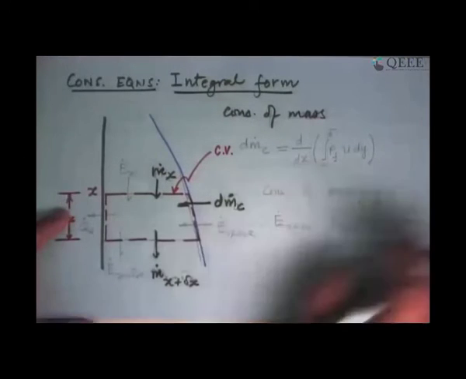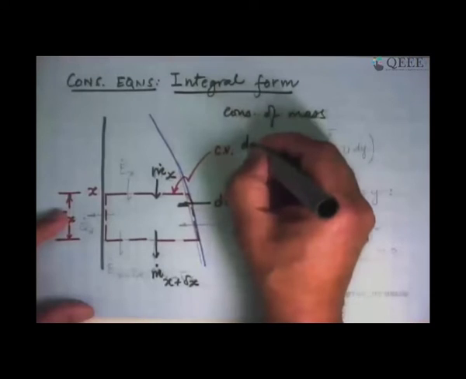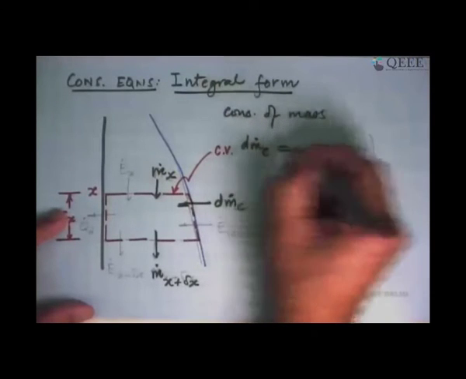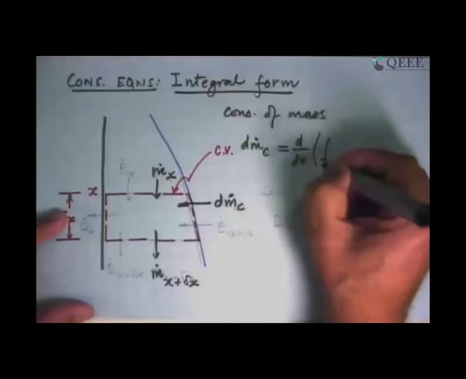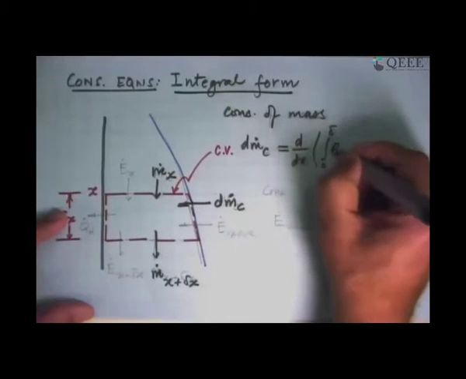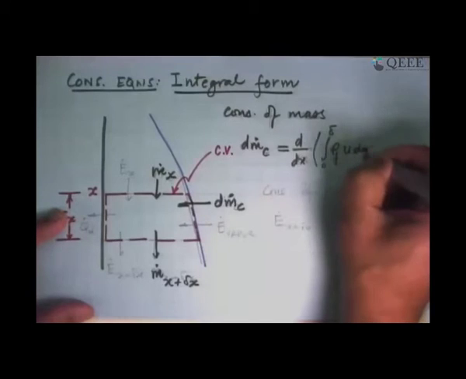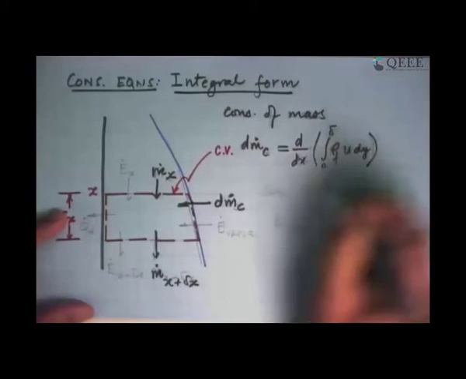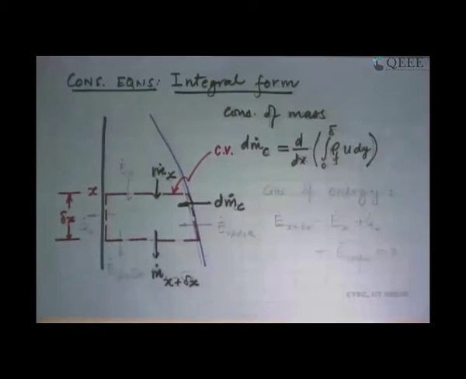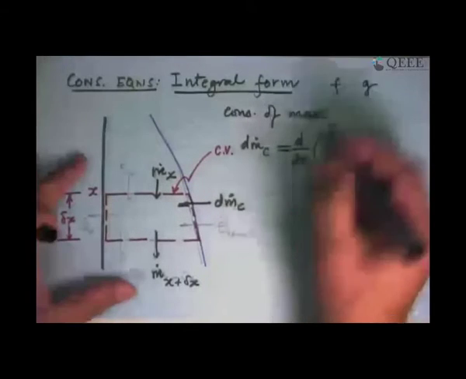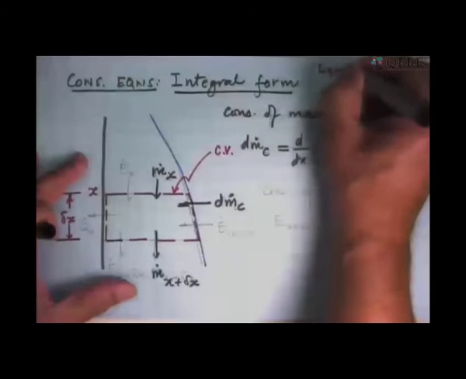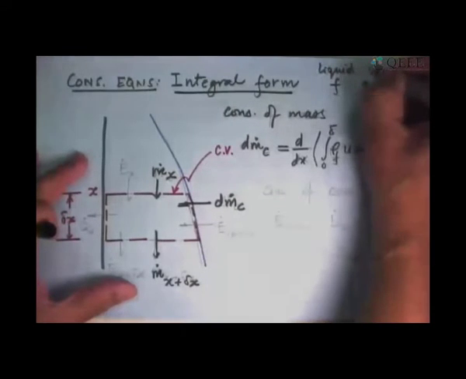We can write that, solve it and simplify it, and you get the equation dm dot c is equal to the gradient of the integral from 0 to delta of rho f u dy, and that's what we have. Rho f, I'm using subscripts f and g to be consistent with thermodynamics, where f is the liquid and g is the vapor.